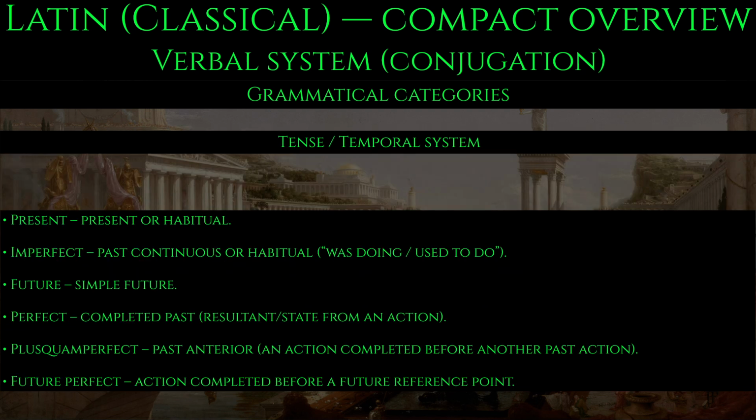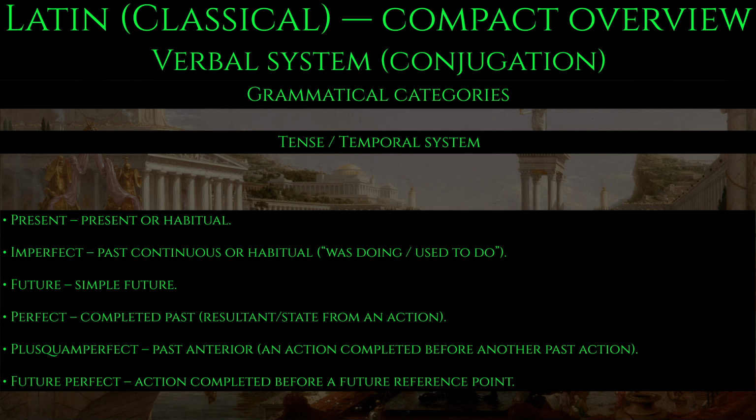And then the tense or temporal system. You see, Latin's tense morphology mainly encodes time with aspectual nuances. So we have present, present or habitual. Then we have imperfect, past continuous or habitual, for example, was doing or used to do. Then future, simple future.